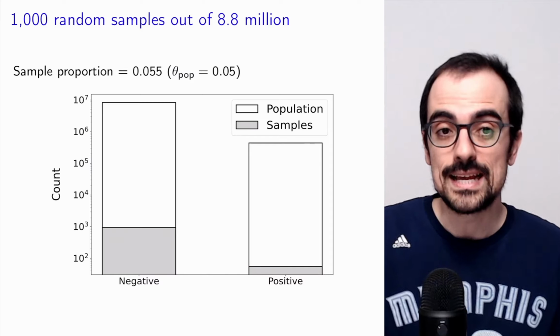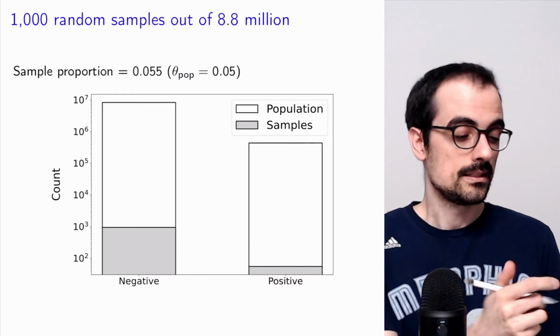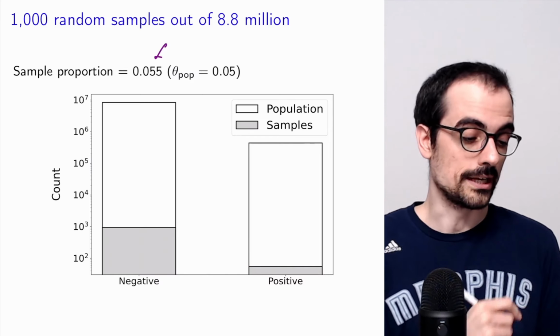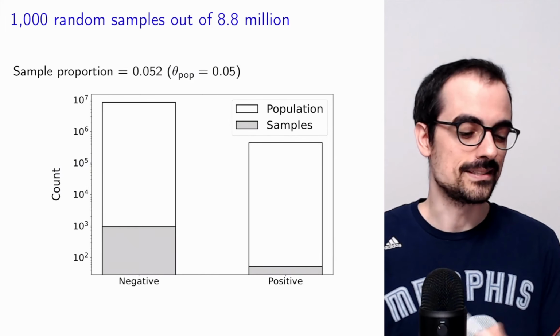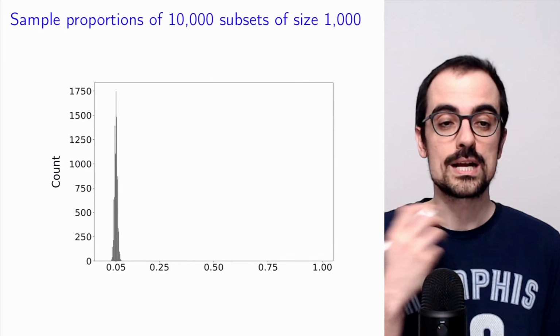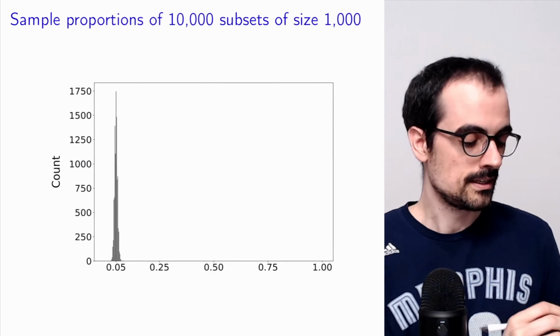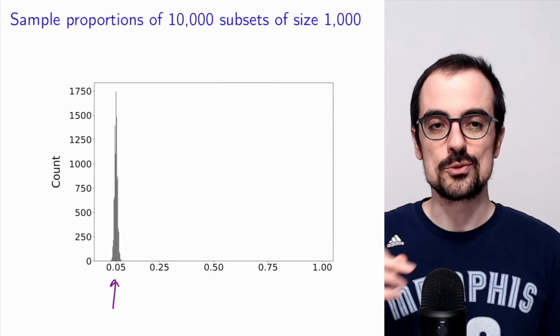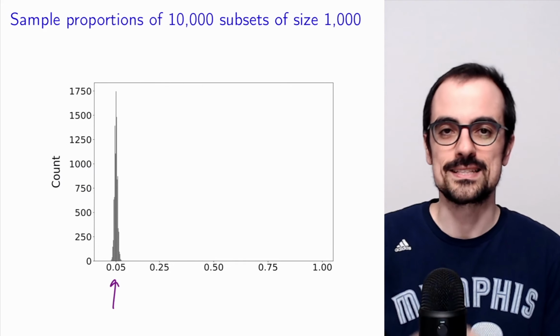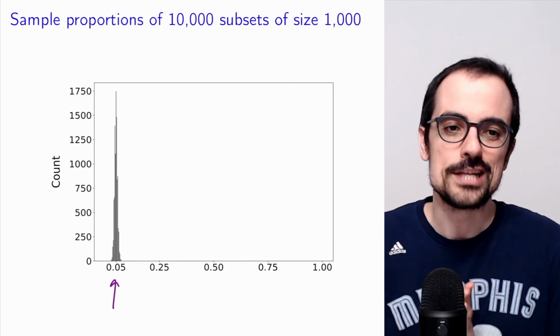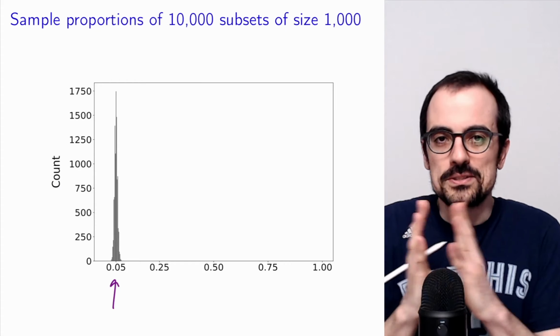Again, when we take different samples, the sample proportion is actually going to change. So we have to analyze it probabilistically. If we look at 10,000 subsets, the distribution of the 10,000 sample proportions computed from these subsets is centered at the population proportion, and they're quite concentrated.